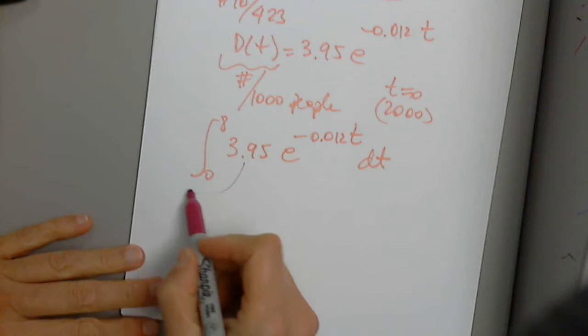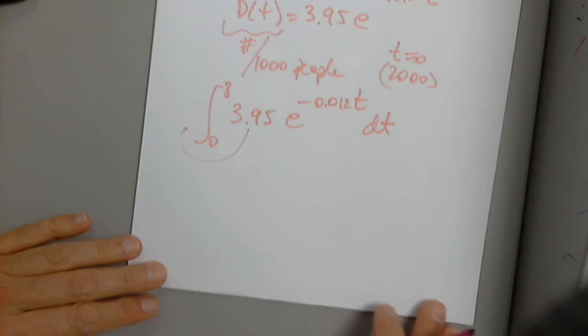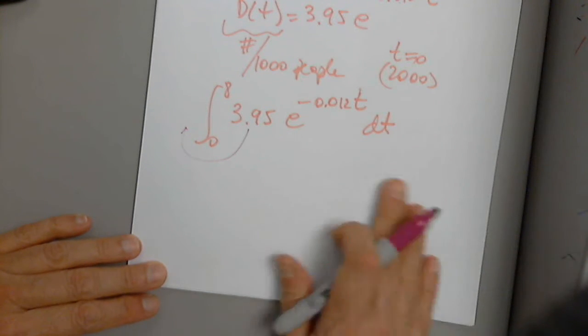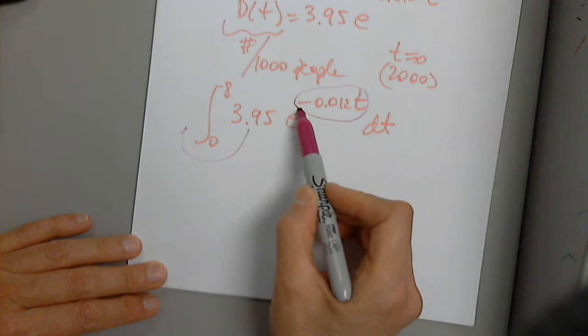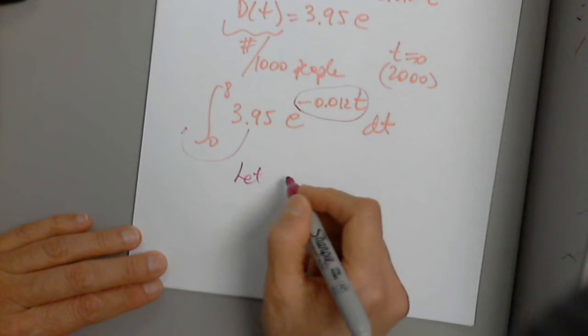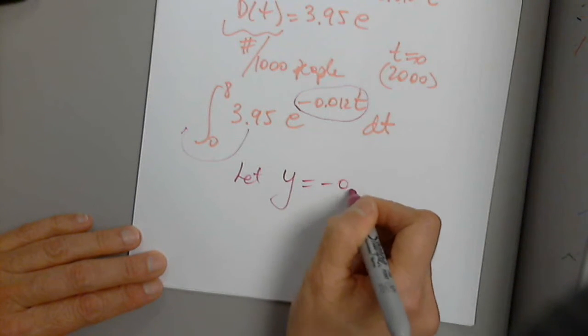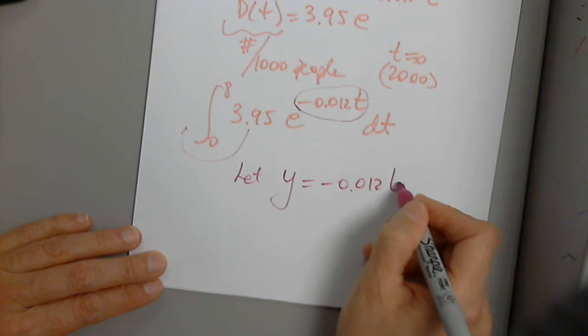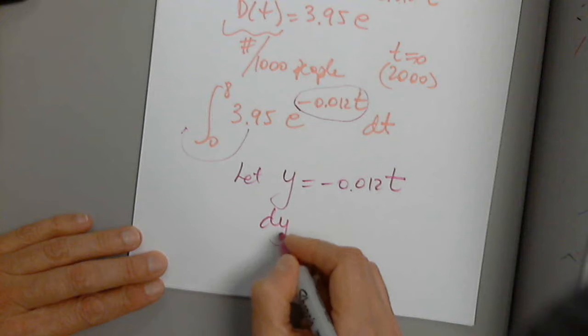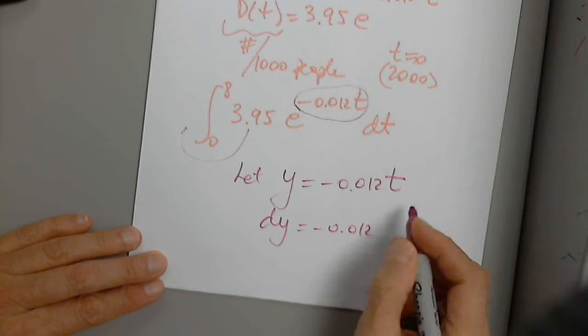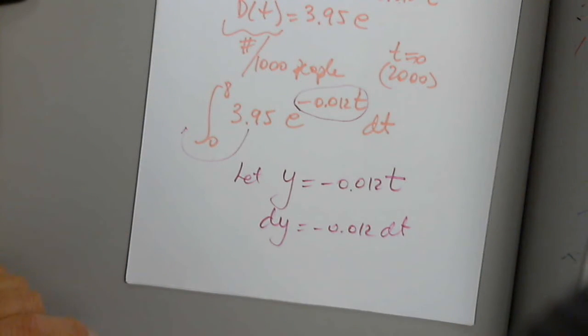First of all, the constant goes out, and we're going to use a substitution for this. Let y be negative 0.012 t. Then dy will be negative 0.012 dt.